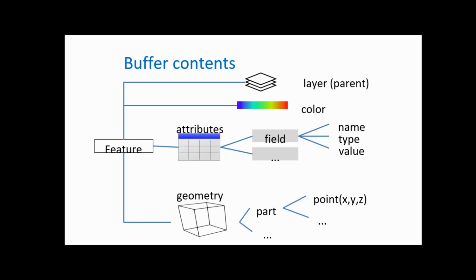But in this case, I also mean, for instance, if you have a polygon with a hole inside, then you have an outer ring and an inner ring, and those I also consider parts of the geometry. And then each part is basically a list of all the vertices, so all the points, and I store the X, Y, and Z coordinates for each of them.